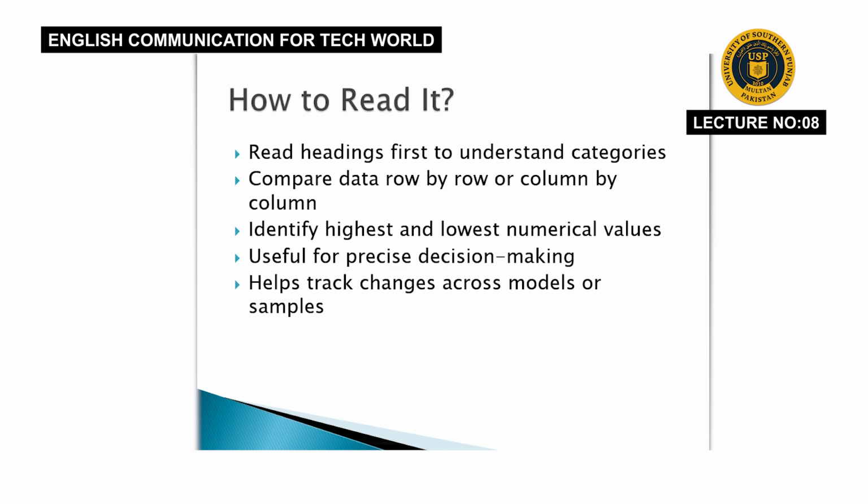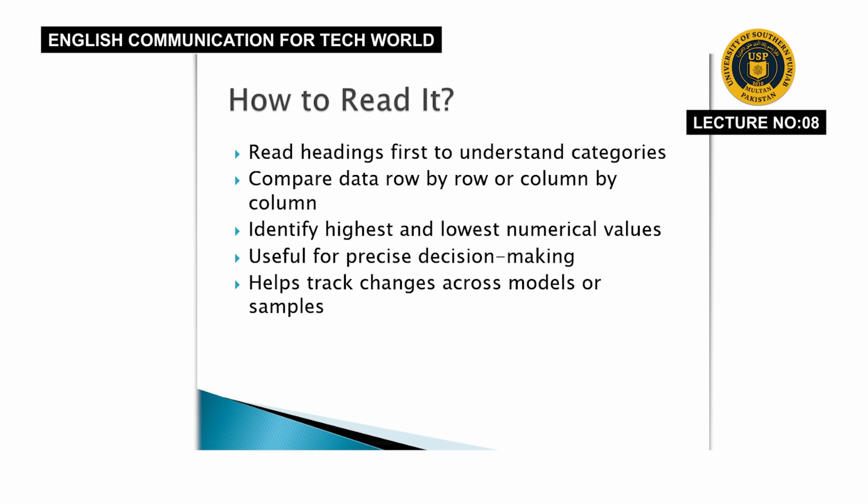How to read tables? It's a very important question. To read a table effectively, always start by reading the headings. Headings explain what each column and row represents. Without understanding the headings, the numbers have no meaning. Then move row by row or column by column to compare the values. It depends on the nature of the table.